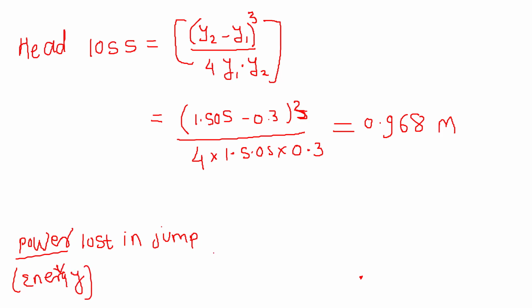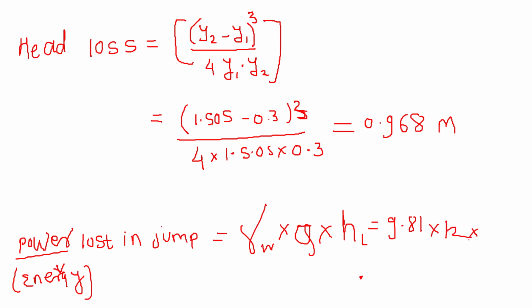You can say that energy loss is equal to gamma of water, that is density of water, into discharge into head loss, that is HL. So it will come out to be 9.81 for the density of water, discharge is 12 meter cube per second, and head loss is 0.968. By solving this, our answer will come out to be 114.04 kilowatt.